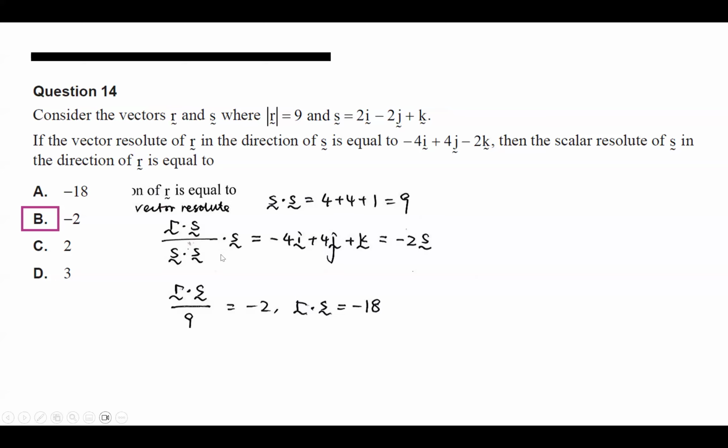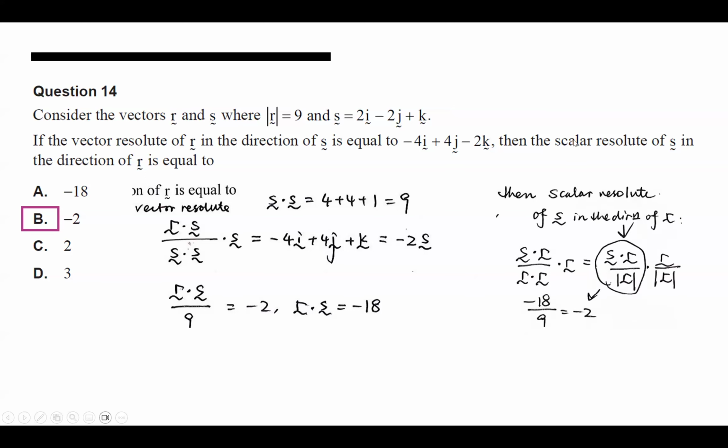And then, because I know this is exactly minus 2s, and S dot S is 9, I just substitute 9 here, and R dot S divided by 9 equals minus 2, okay? This is observing the number relation between them. And I'm able to find R dot S, which is minus 18.